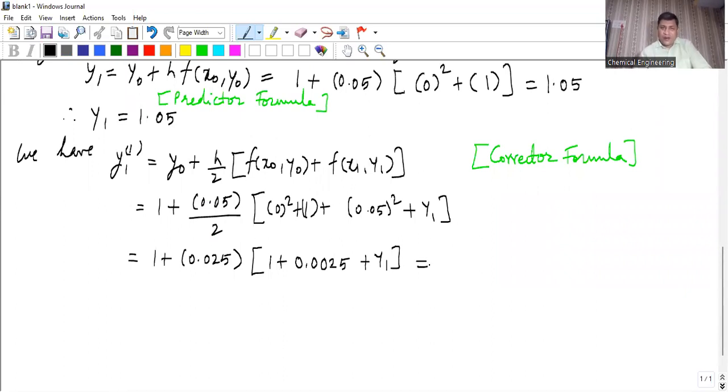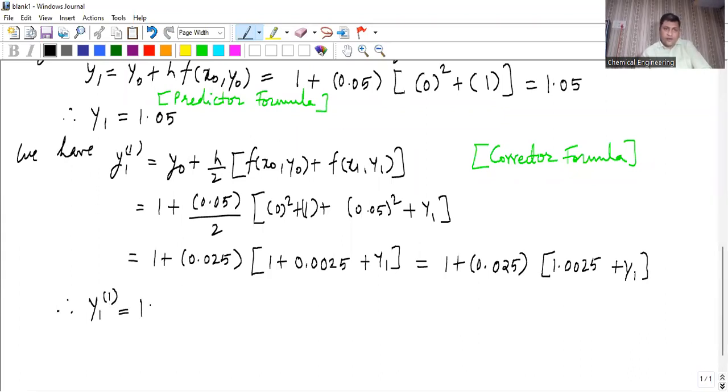Yes, sir. So this will be 1 plus 0.025, and this will be 1.0025 plus y1. So how can we make this calculation faster?